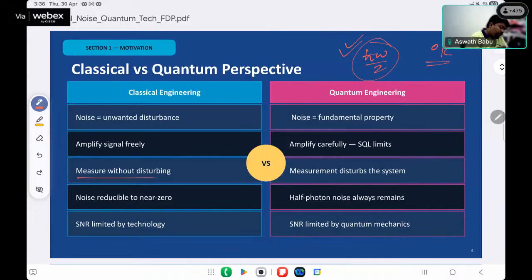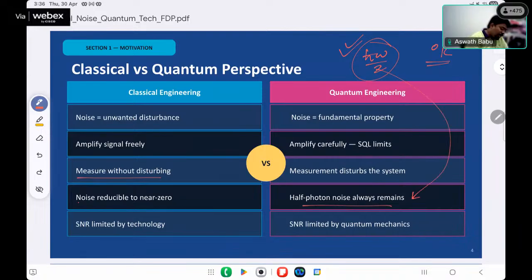In a classical system, you can measure and find out whether a disturbance or some issue is there. But in quantum, you can't do that straight away, because if you try to measure, you are disturbing the system. There should be an innovative way to do that. Half photon noise always remains.